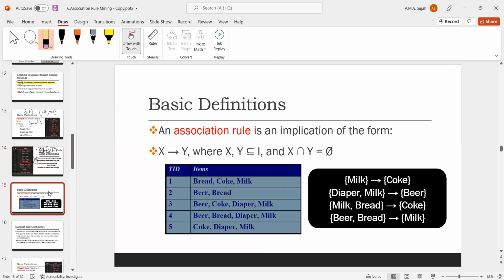Okay, next basic definition. I already told you association rule. We can say association rule means likewise: I already showed you a person buys a phone, there is a possibility to buy tempered glass.